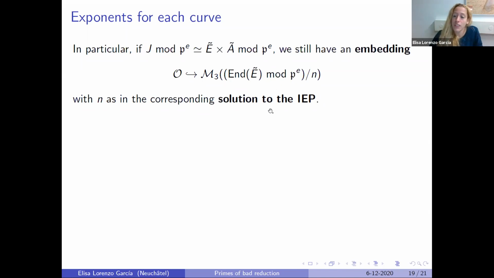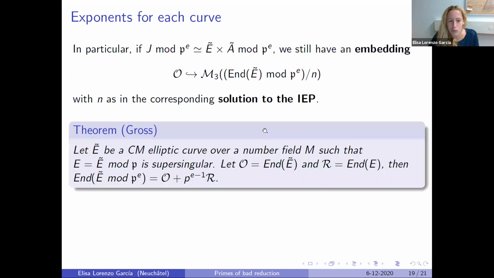But actually someone else was interested in this question. Gross, who was already mentioned today several times, proved the following. If we have a complex multiplication curve E over a number field M, such that the reduction is supersingular, and we call O the endomorphism ring in characteristic 0 and R in characteristic P, then those intermediate endomorphism rings are given by this formula.